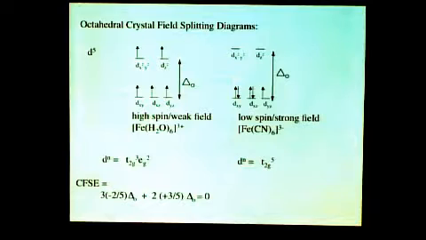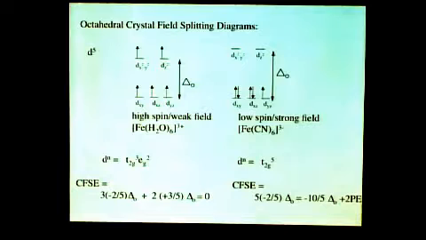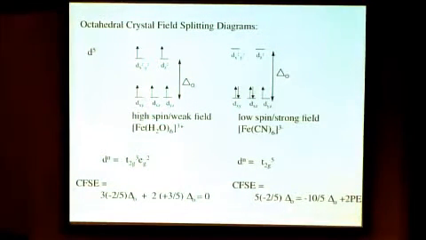All right, so what about the low spin system now? So if we can look at that, what are we going to have for this system? So we have 5 times minus 2/5 or minus 10/5, and we also have 2 pairing energy terms there, which we can write in because there are 2 sets that are paired.